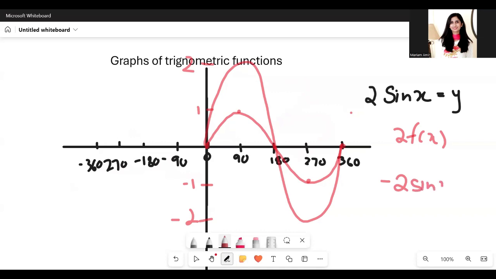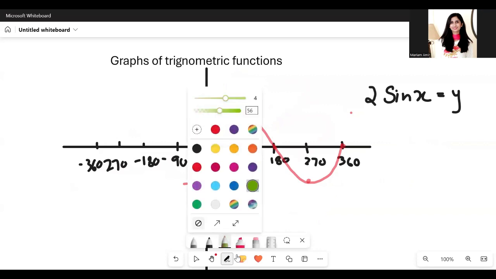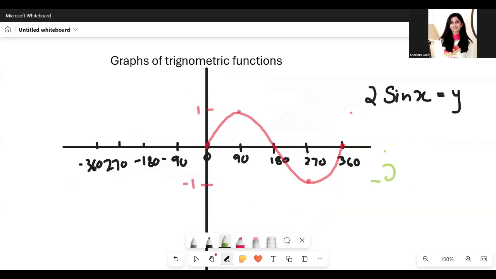-2 sine x. Okay, now let's discuss the graph of, that was the graph of 2 sine x, not -2 sine x. Now I'm going to show you the graph of -2 sine x. Okay, so we've already discussed in transformations that the graph of minus f(x) is a reflection in the x-axis.